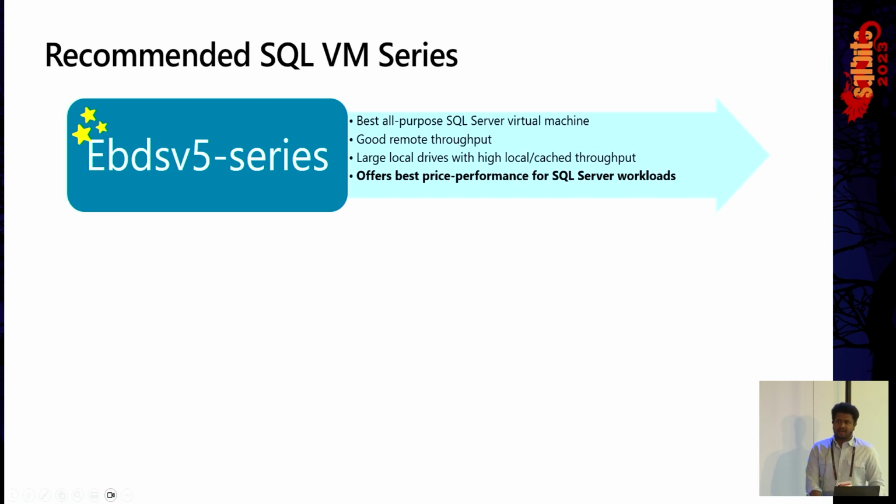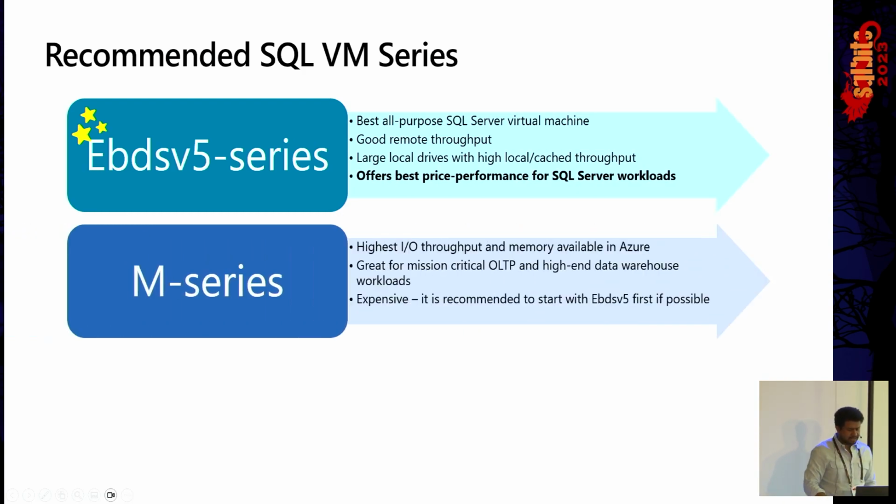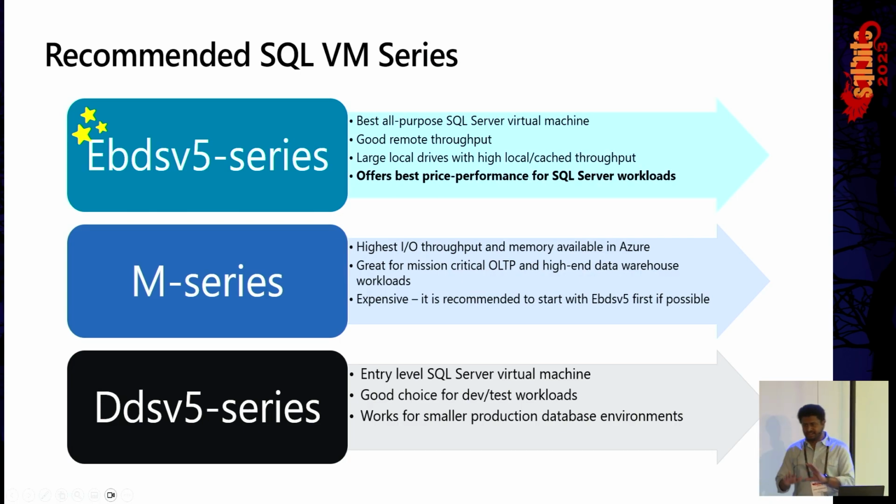But in Ebdsv5 also, there is a max limit that you can go. You can only go till 96 cores. But if you have a necessity of going more than 96 cores, then you have to pick M series. Because M series is one of the largest VMs that we have, where we can go till 128 cores. And if you are entry level and you don't really have that big workloads to run, then go ahead and pick the D series.